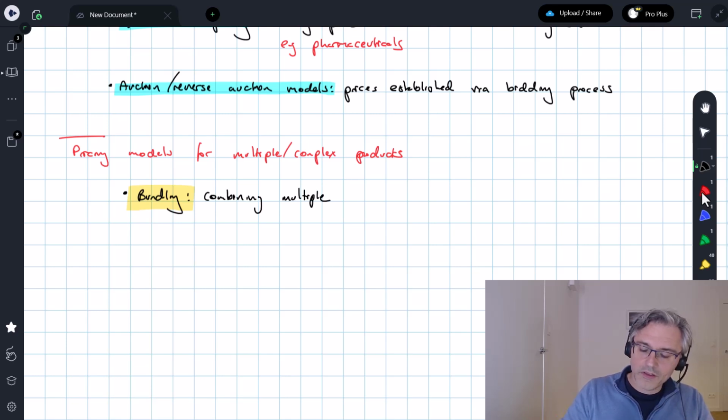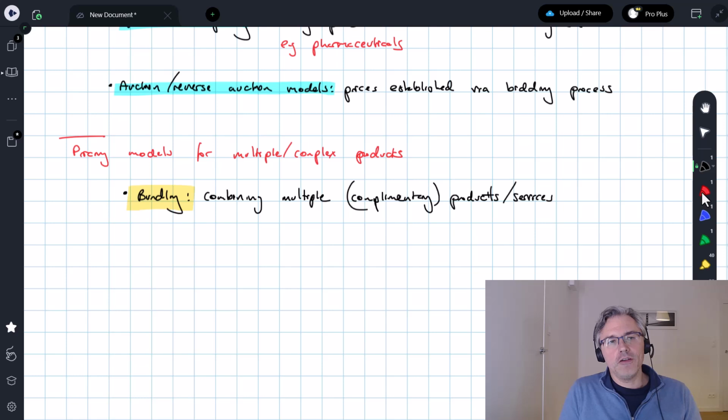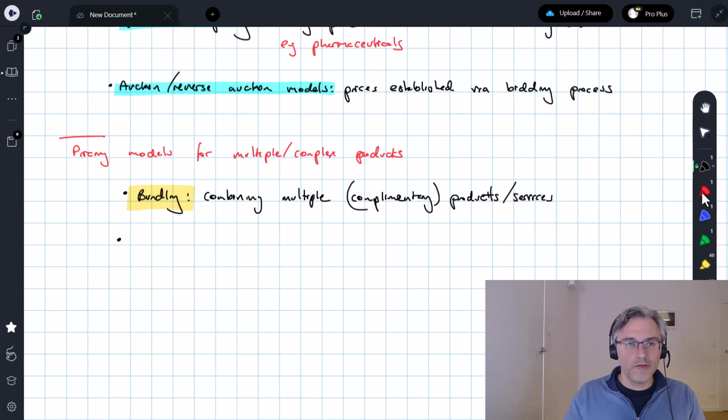Multiple, obviously complementary products, hopefully. It doesn't have to be complementary, but it works best when the products or services are complementary, and getting the client to pay for the whole thing in one transaction. And the classic here is a mobile phone together with a subscription, right? From a network operator.